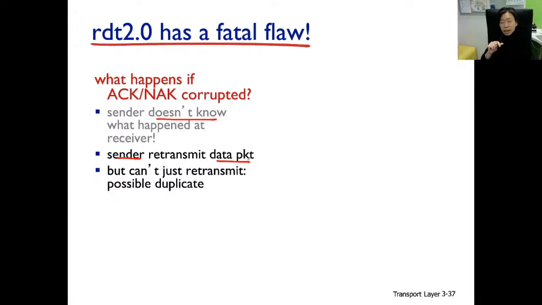Would that work? If the corrupted feedback is a NACK, then hey, this addresses the issue, isn't it? If the corrupted feedback is an ACK, then this actually creates duplicates. So the receiver side, in case it's an ACK feedback being corrupted, might have duplicate data.